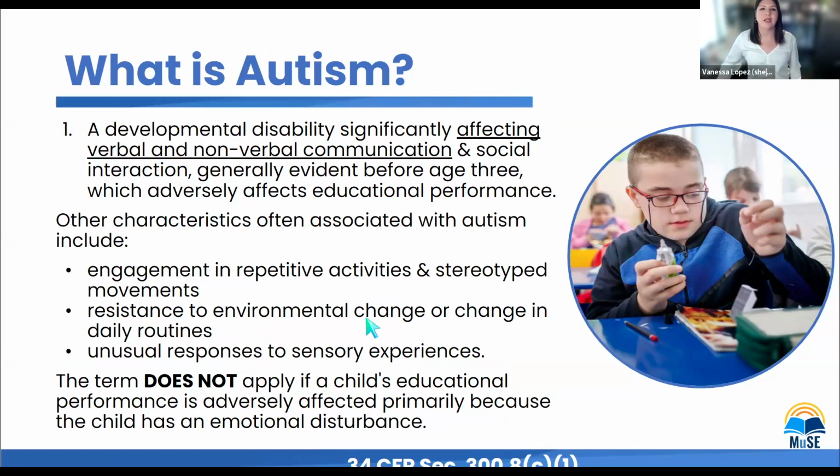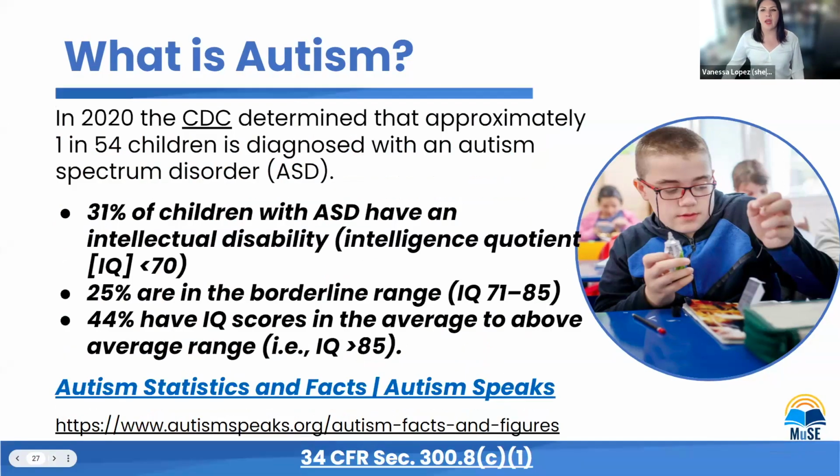However, I want to caution us to go above and beyond those stereotyped characteristics for autism, because as the saying goes, if you've met one child with autism, you've met one child with autism. So we know that our younger students are oftentimes coming into our school system, whether it be TK or kinder, with an autism diagnosis.